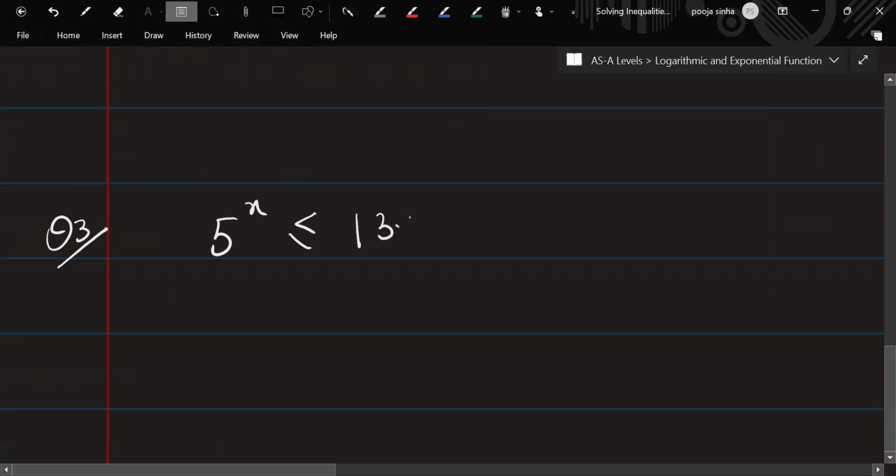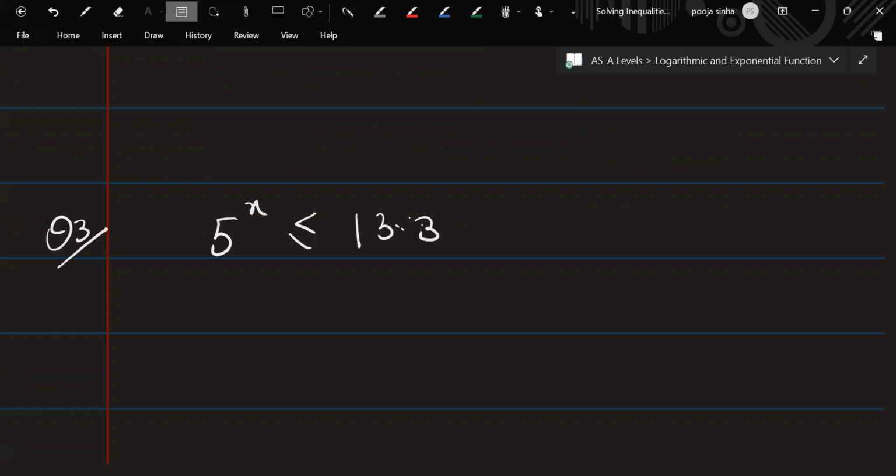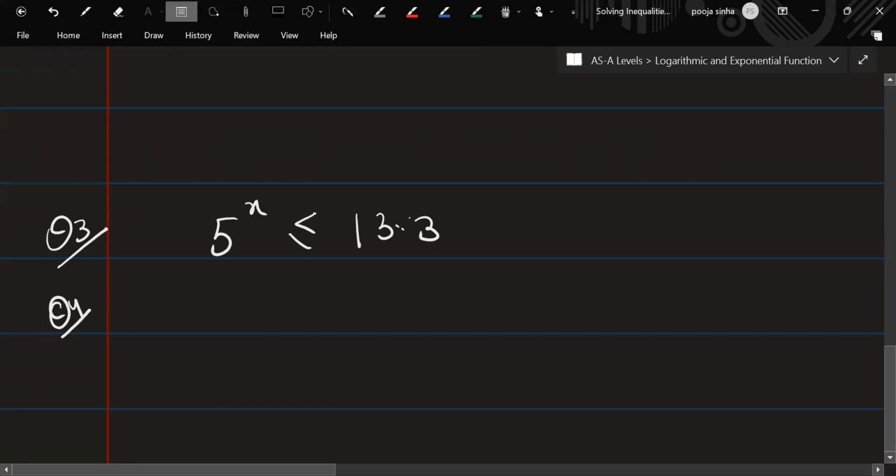Solve this. Is it x is less than or equal to 1.61?